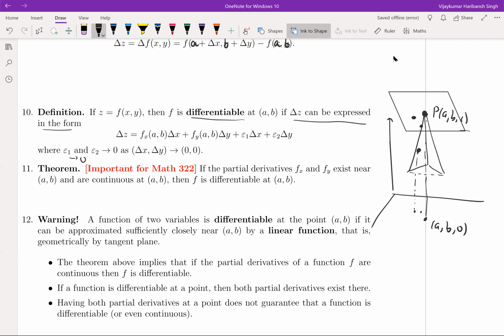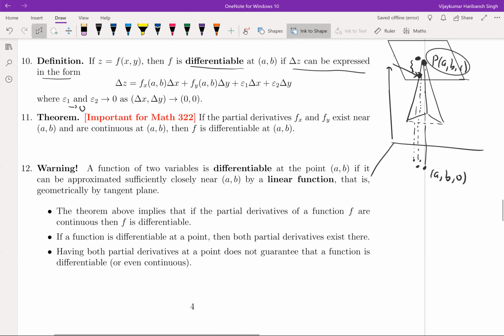Any point here, if you're looking at the linear approximation, will lie here. Let me draw those things properly. If this is my function, which is this pyramid with the bottom removed, of course, otherwise it won't be a function, and I'm at (a, b) trying to approximate this value, this is the actual value of the function. If I'm trying to approximate it by the tangent value, it's quite far, at least that's what it looks like from the graph. So this is not differentiable at this point. That's the idea behind differentiability.